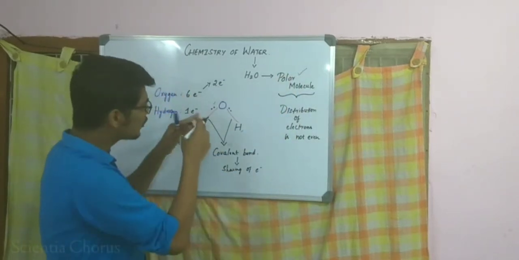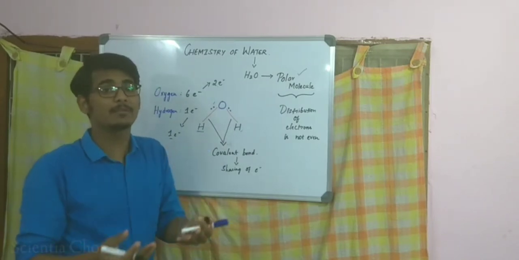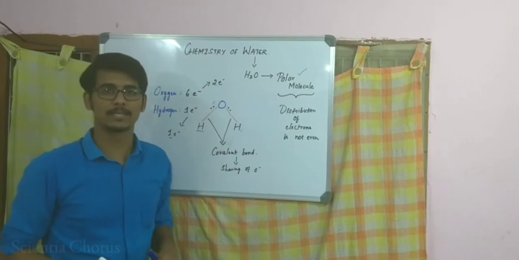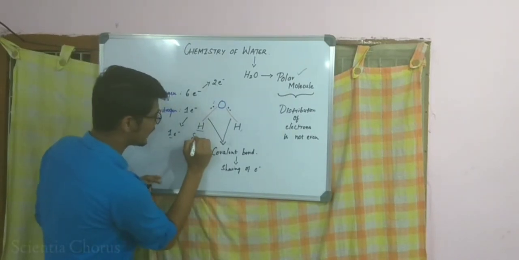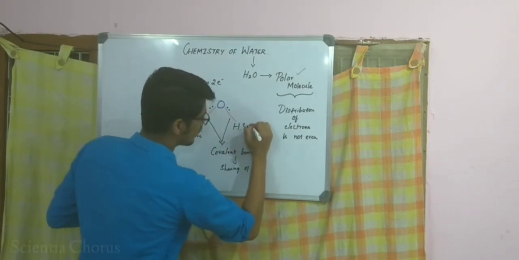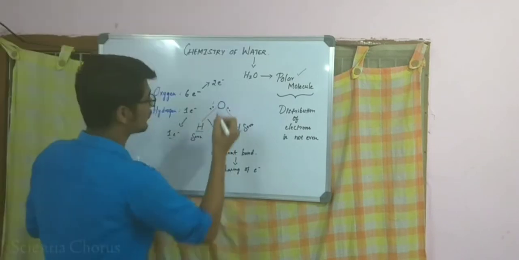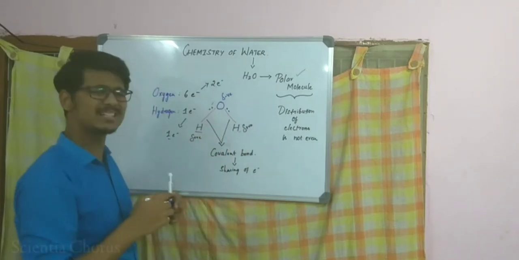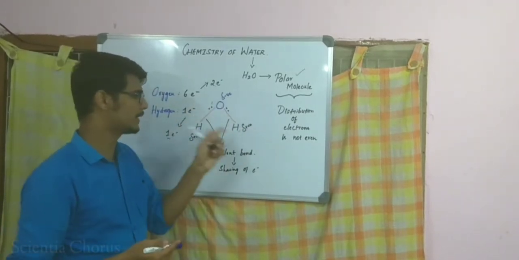Fine. And because of this unequal sharing of electrons, there forms a charge on hydrogen as well as oxygen. What kind of charge? In this case, there is a partial positive charge on the hydrogen, and in the case of oxygen, there forms a partial negative charge. Why is it partial? Why not totally negative and totally positive?